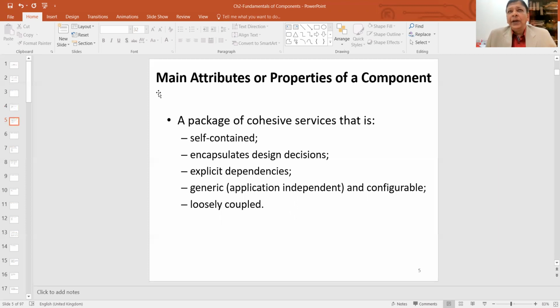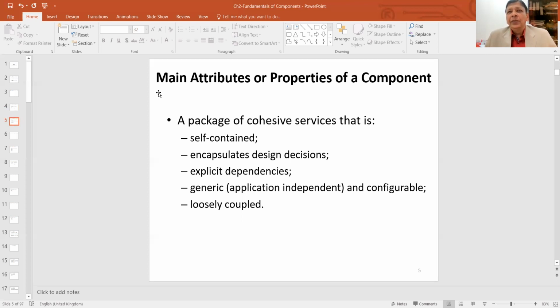Coupling means dependency, and cohesion means independence. So what is coupling? When two or more modules are dependent on each other to perform their functionality, that's called coupling. We have several types of coupling: data coupling, stamp coupling, and so on.